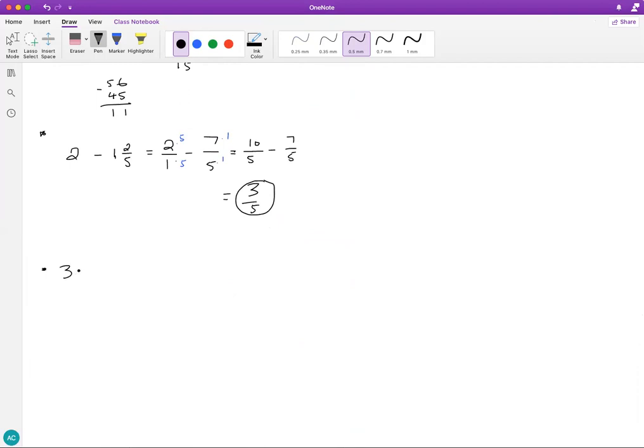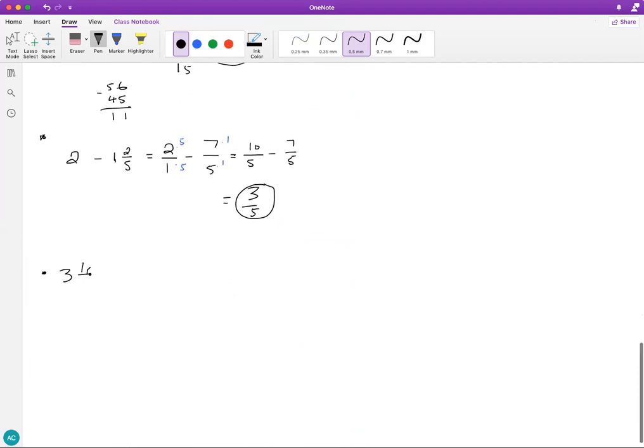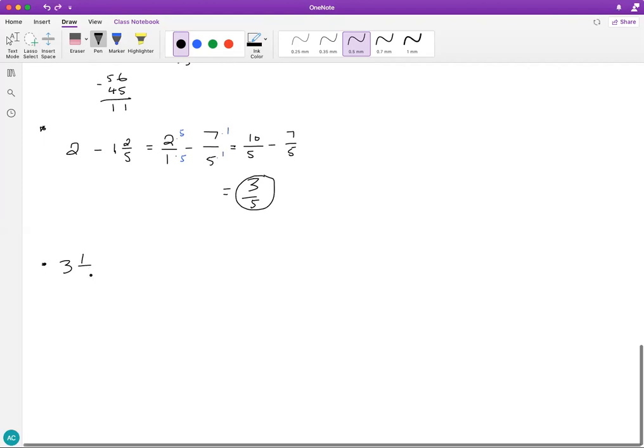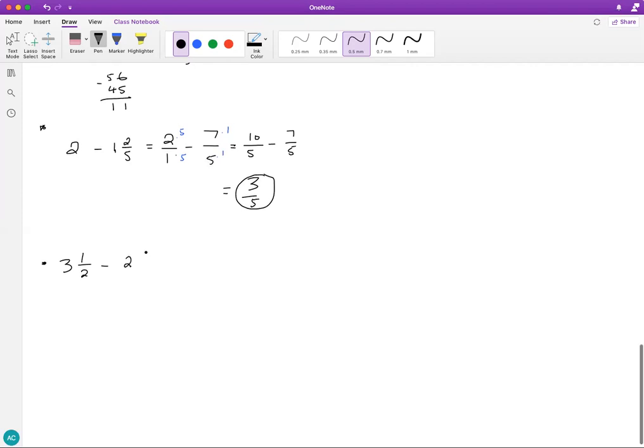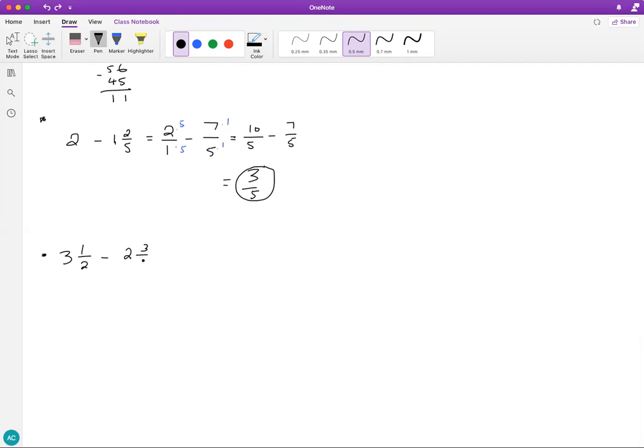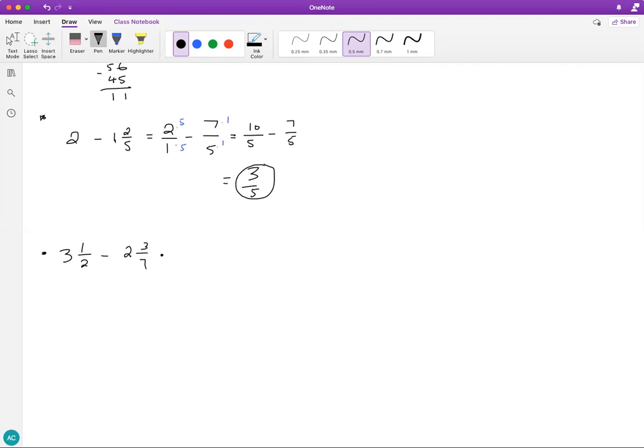So let's say 3 and 1/2 minus 2 and 3/5. Well, actually, we did this one already. Let's do maybe 7 here or 8. Doesn't matter.